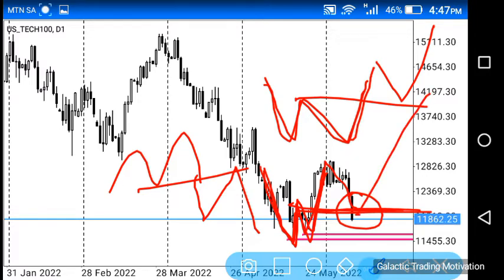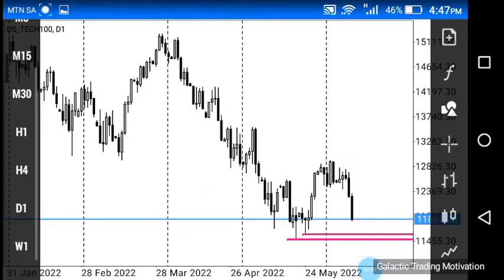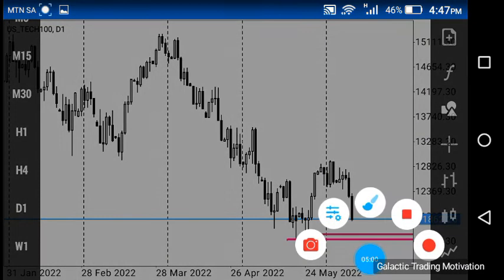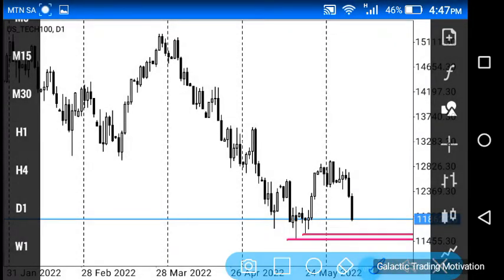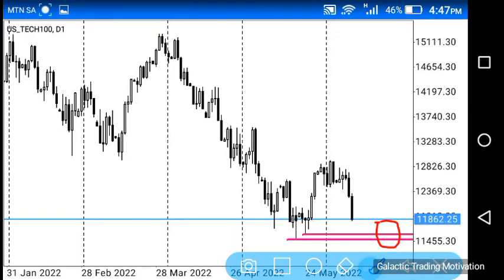However, that was not the case, as we can see that the daily candle actually closed below the neckline of this W structure. So for me, that is confirmation, an indication that in the next couple of days we are going to see price come to this level, right? So let's go to the H4 chart.